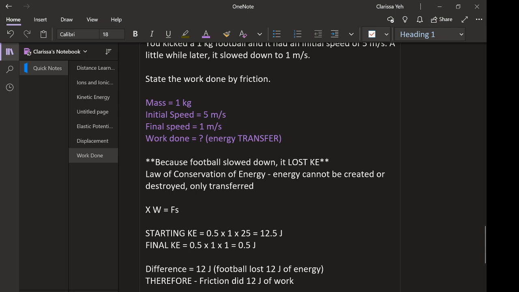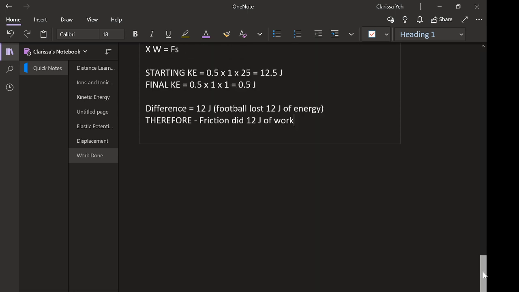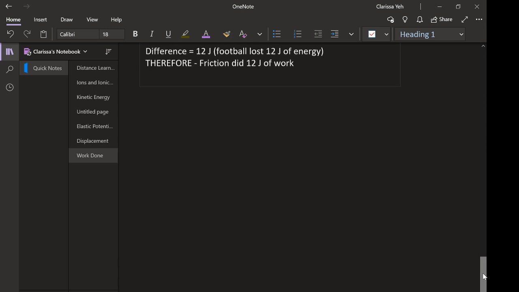Alright, now back to the work done equation itself though, because it is important for you to learn how to use the formula. I'm going to have one on here for you guys to do, and then we're going to go over the answers after you do it on your own, and then link you to some practice while I get the answers up for it.